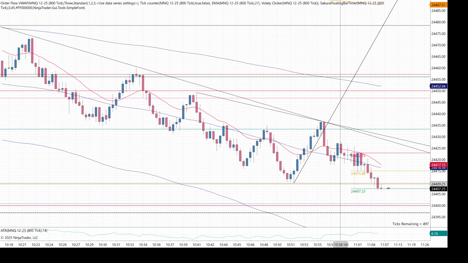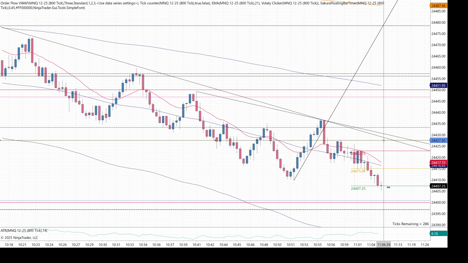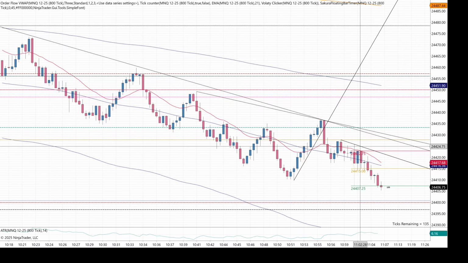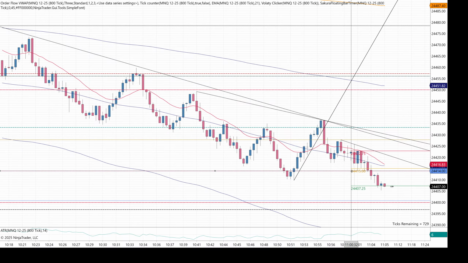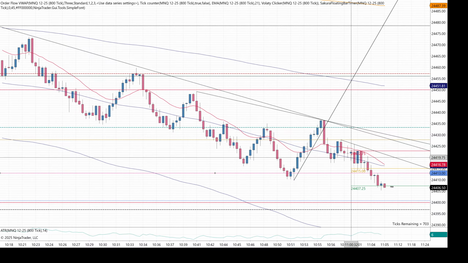Okay, our golden ruler moves up. And our runner did hit his target, so sorry, the target was hit.